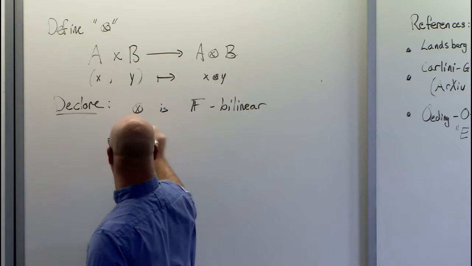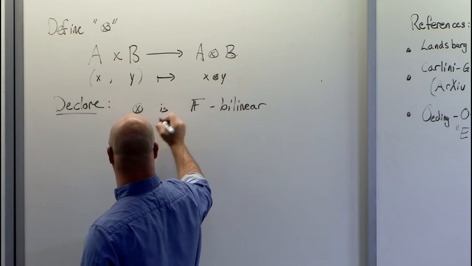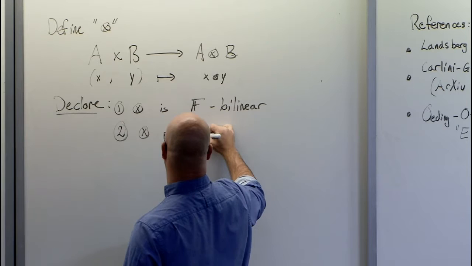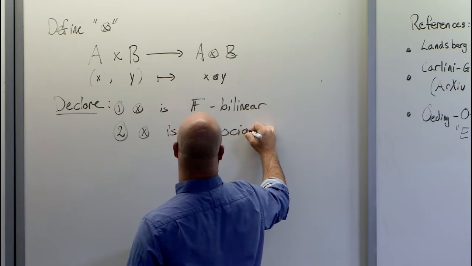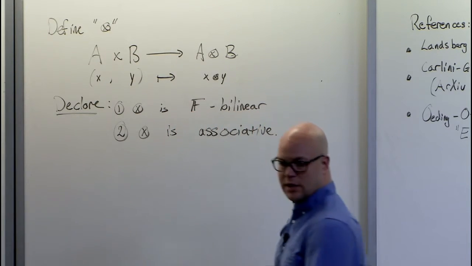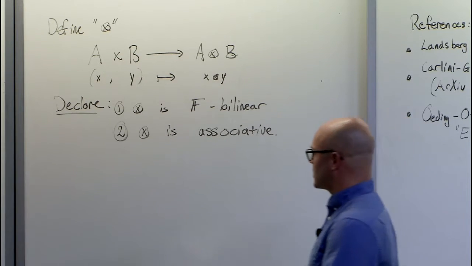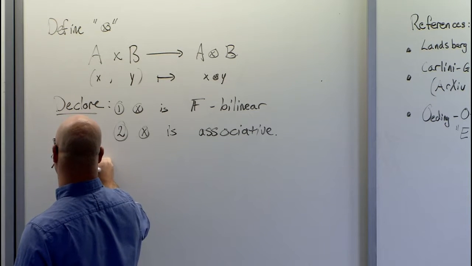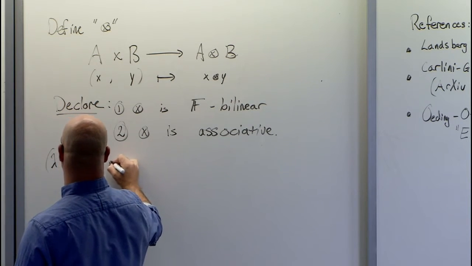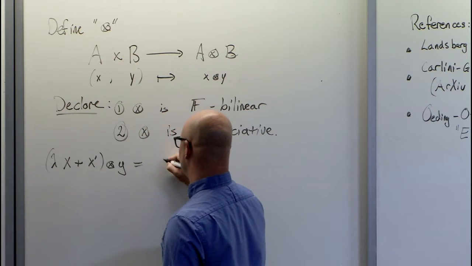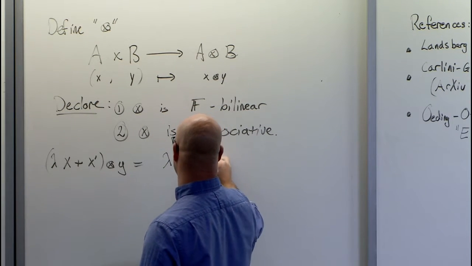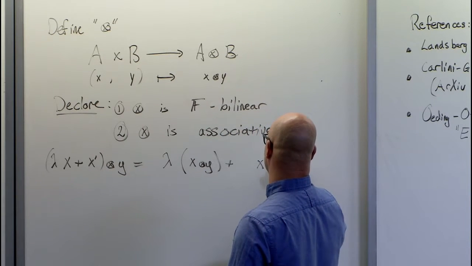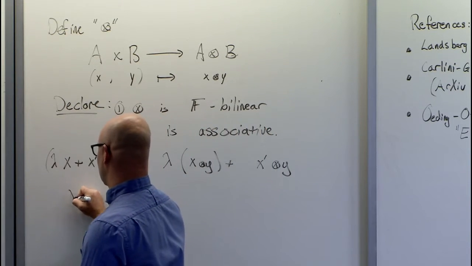That means that, well, this is number one, and then number two, the tensor product is associative. Okay, so number one, just to recall what this means: if I take lambda x plus x prime, and I tensor that with y, this distributes, so this is lambda times x tensor y plus x prime tensor y, and then similarly on the other side.